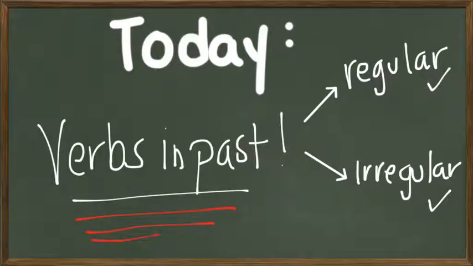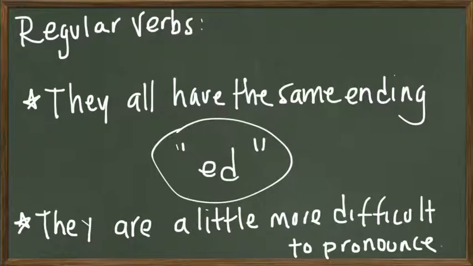So don't forget, regular verbs in past and irregular verbs in past are really important in your English. They have to be one of your best strengths so that you can express yourself correctly in English.